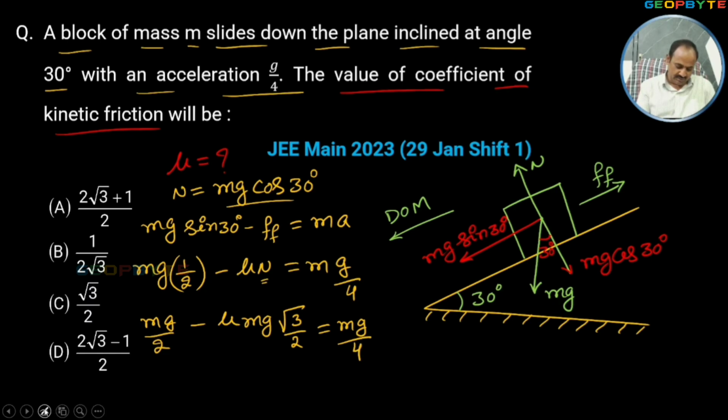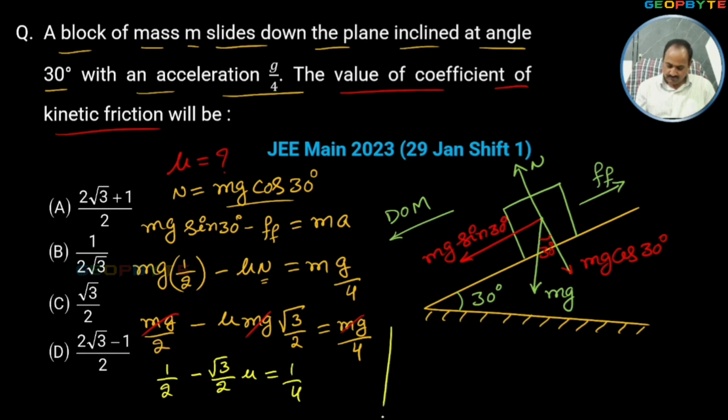Now look at the numerator part. mg is cancelling. Finally it is 1 by 2 minus root 3 by 2 mu is equal to g by 4, g cancelling, 1 by 4.